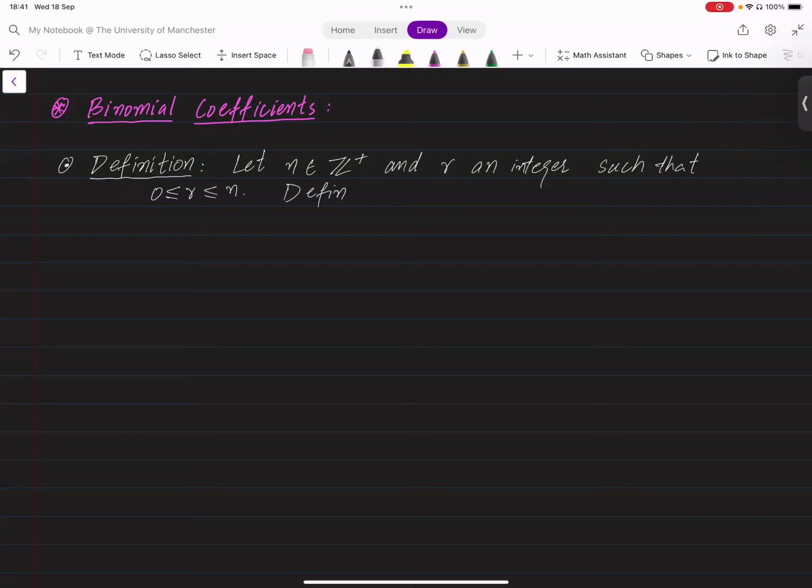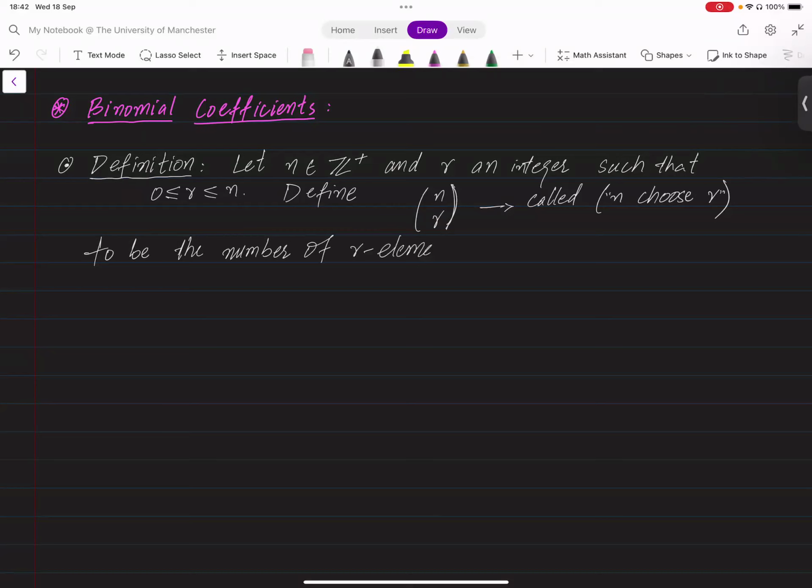Define n choose r to be the number of r-element subsets of {1 up to n}. So this is called n choose r, the number of r-element subsets of this set.